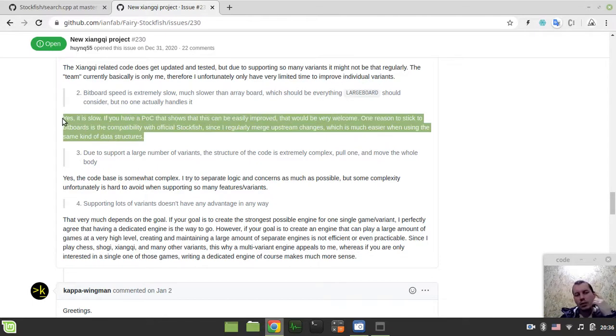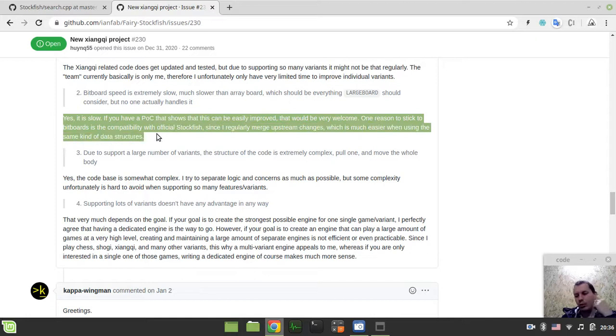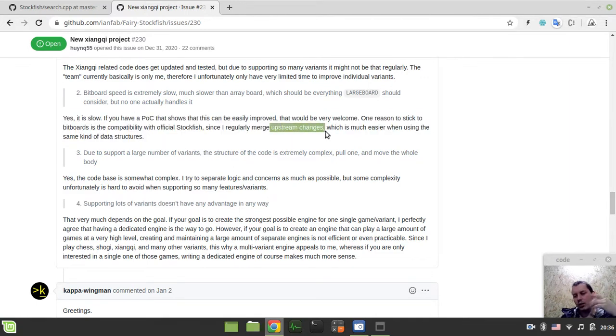So this is another thing that is really crucial, by the way. What I was mentioning regarding the array-based board representation: one of the major downsides is that there won't be an easy merge of the upstream changes in the official Stockfish, because all those changes would rely on the actual existing data structures, which do involve bitboards.